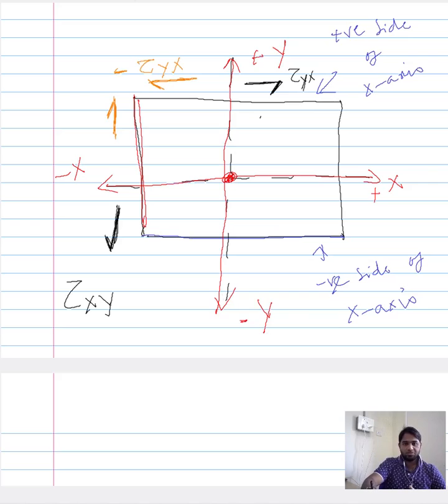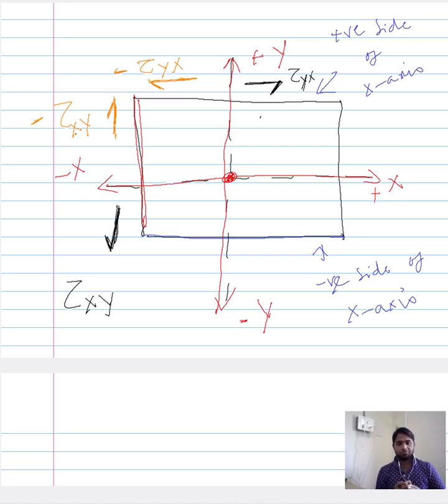However, if you consider this one, the shear stress represented by this half-headed arrow here, even though it is acting on the negative x plane, it is acting along the positive y direction. So that means this is a negative shear stress.